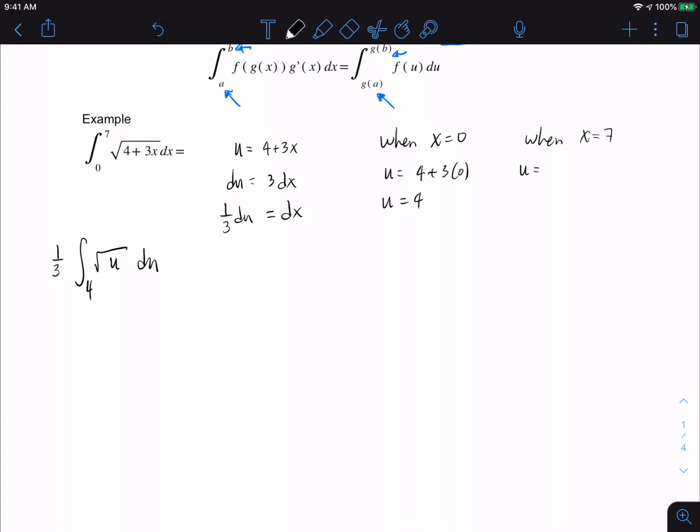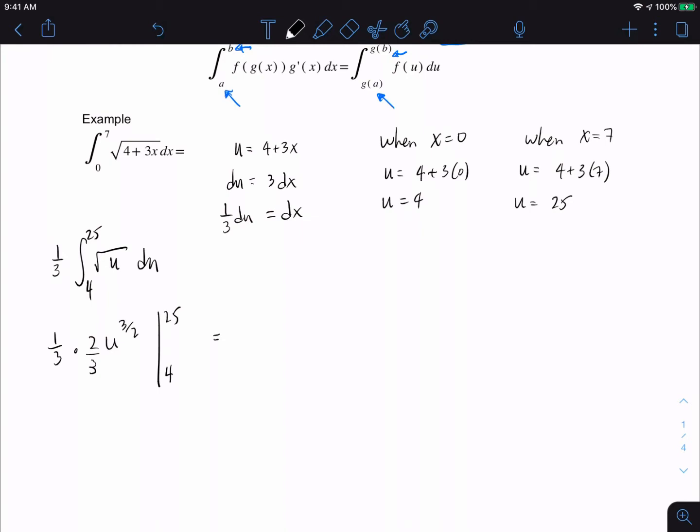So I'm going to go u is equal to 4 plus 3 times 7, which is going to give me 21 plus 4, which gives me 25. So my upper bound is 25. Now, when I do this, I'm going to get 1/3. This becomes u to the 3/2 times 2/3, correct? And it's going to be evaluated from 4 to 25.